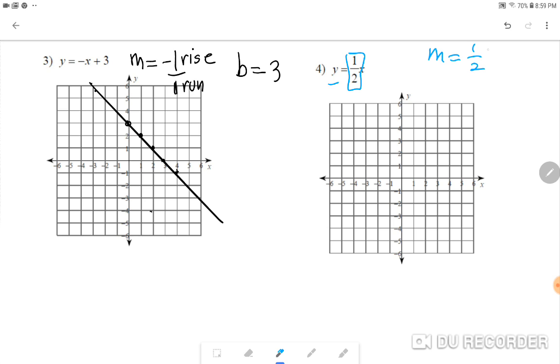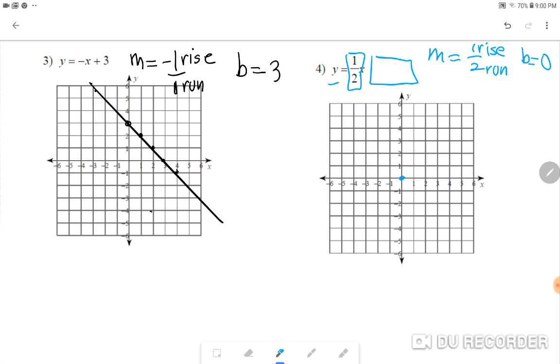This is my rise, and the value on the bottom will be your run. Now I need the b value. I see nothing in here, so in that case the b value is 0. So on the y-axis, find the number 0 and put a point right there.